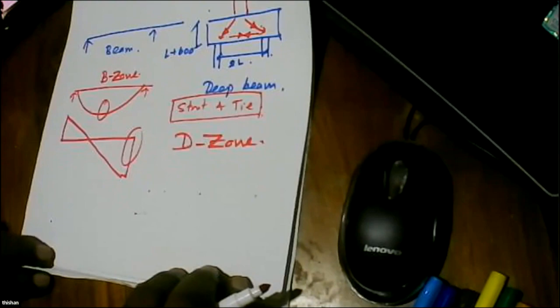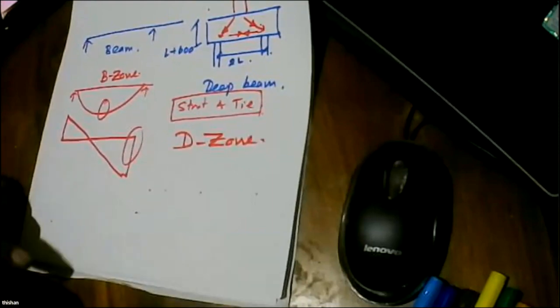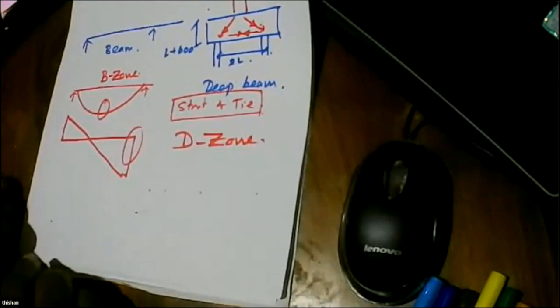So this actually started by a USA person. US codes are also strong on B zones and D zones. But Eurocodes are also very strong, because actually the origin is in Germany.